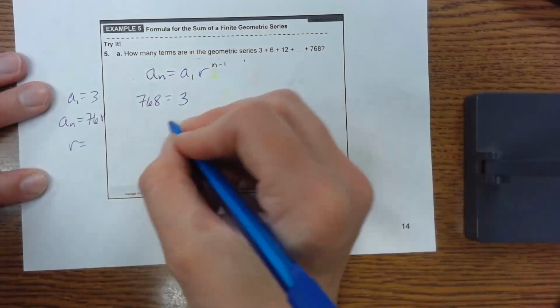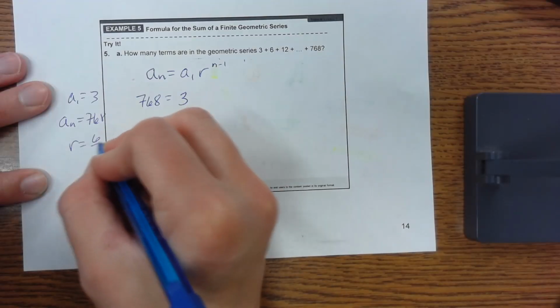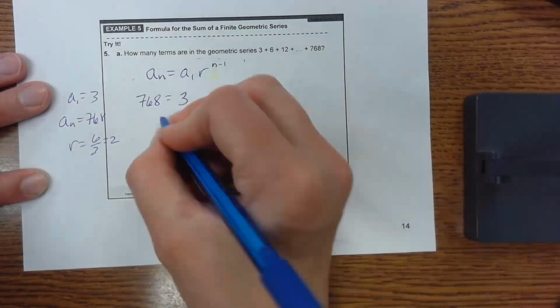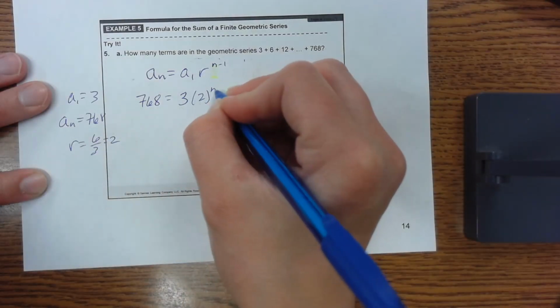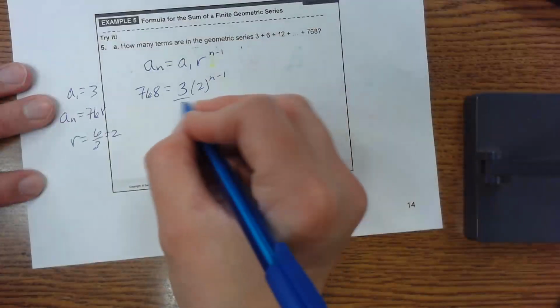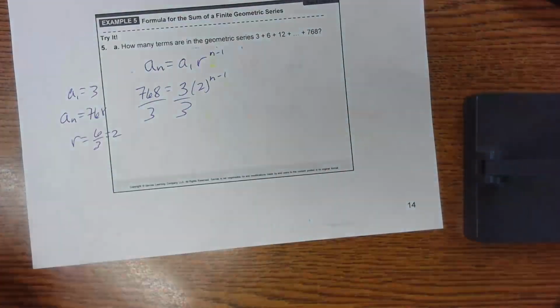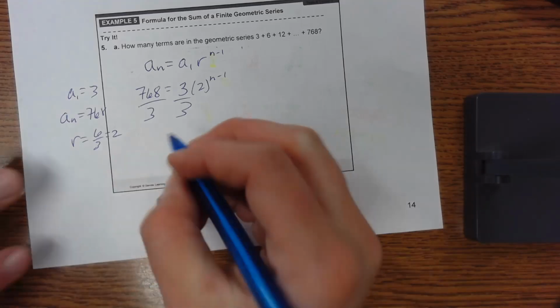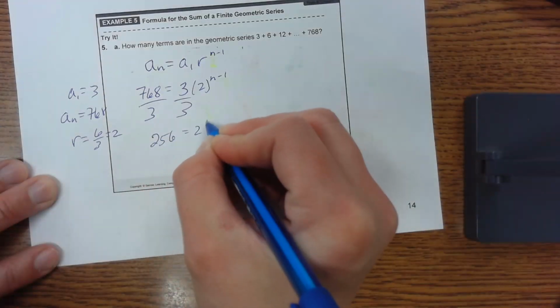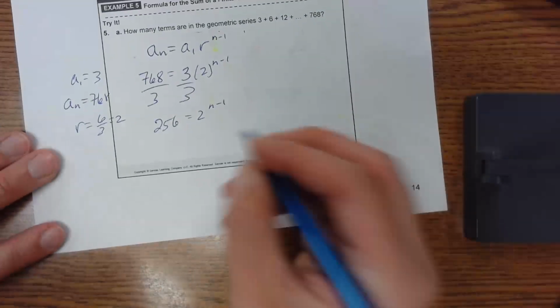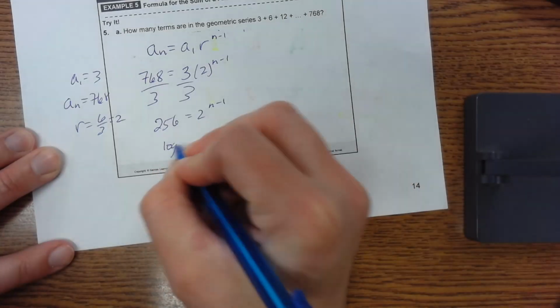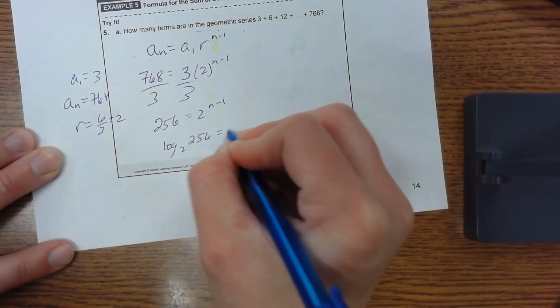r we got to figure out. So r would be 6 divided by 3, which is 2, and minus 1. We're going to divide by 3. And so we're going to take log base 2 of 256.